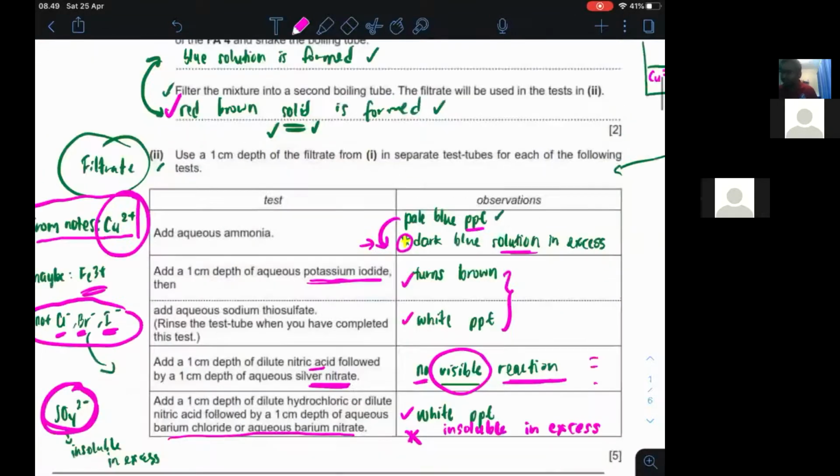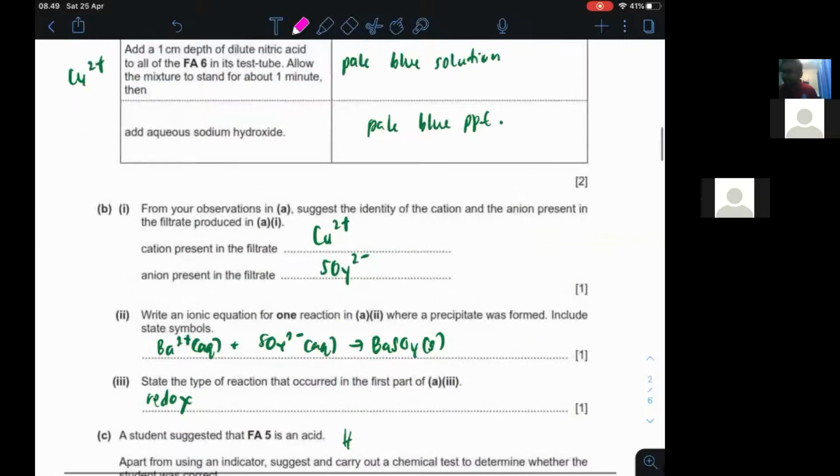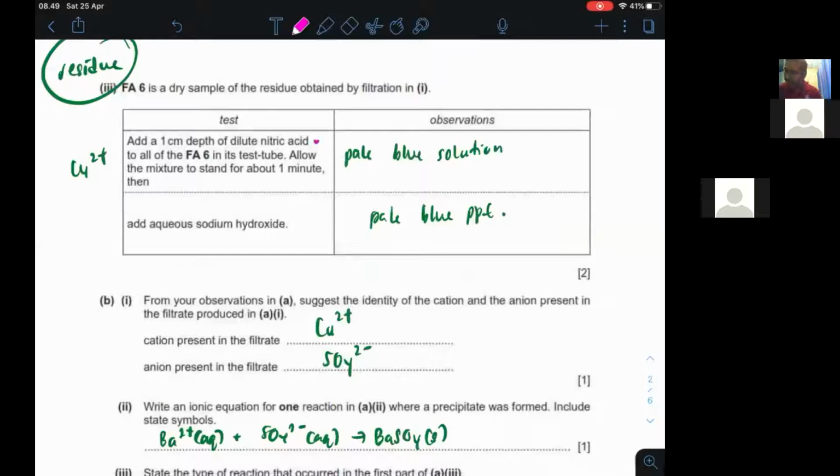If you have the brown residue, what we did is add a dilute acid and allow it to stand for 1 minute. When you add the dilute acid to the residue, a pale blue solution is formed.